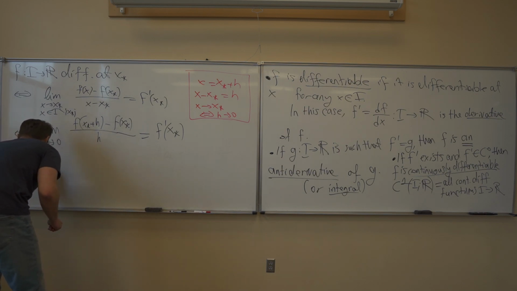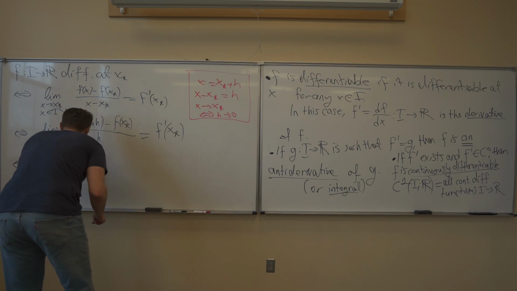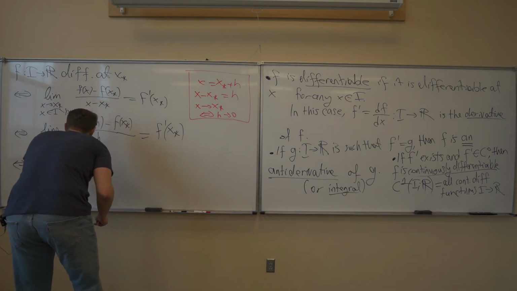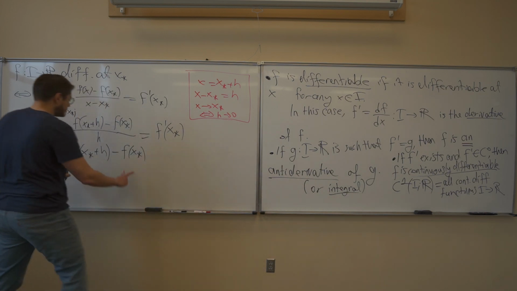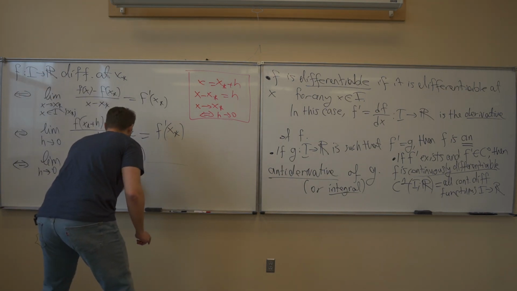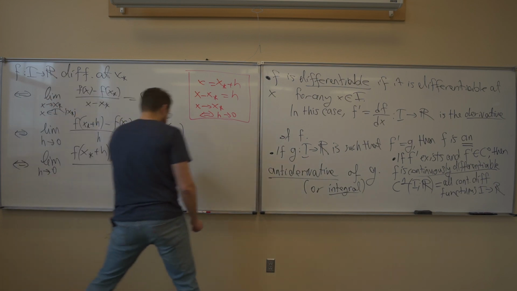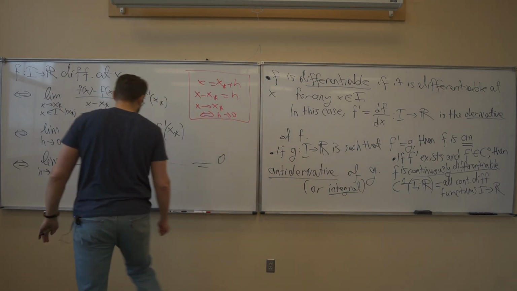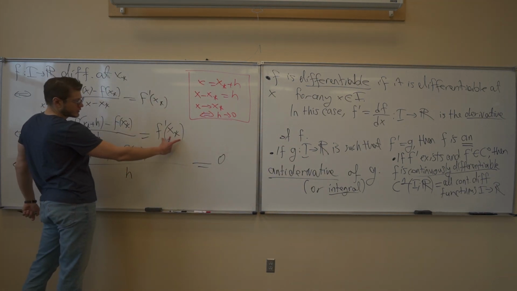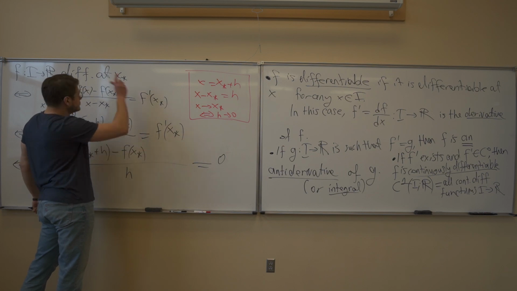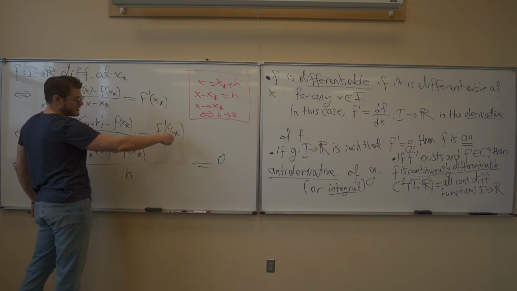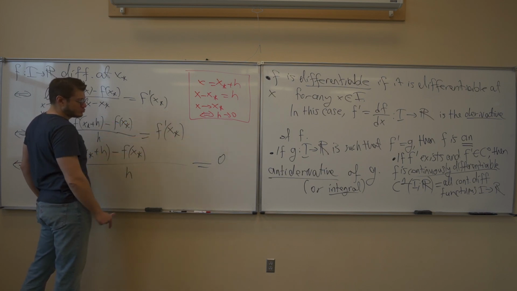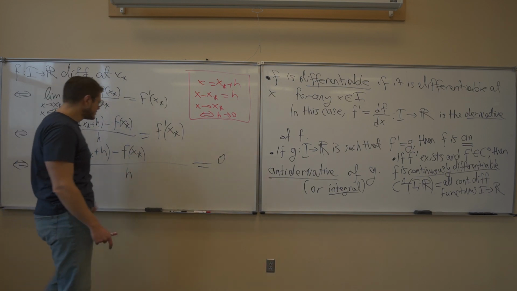Limit as h goes to 0, so I'm going to have the ratio here equals 0. So this is a number because I'm assuming that it is differentiable here. I took it to the other side and then I want to simplify this expression. So I'm going to multiply this by h in the numerator and h in the denominator to get this expression.